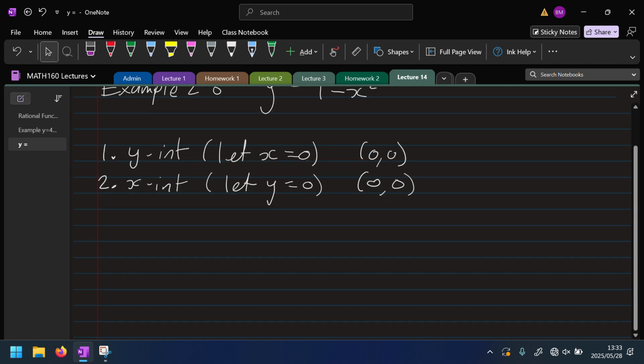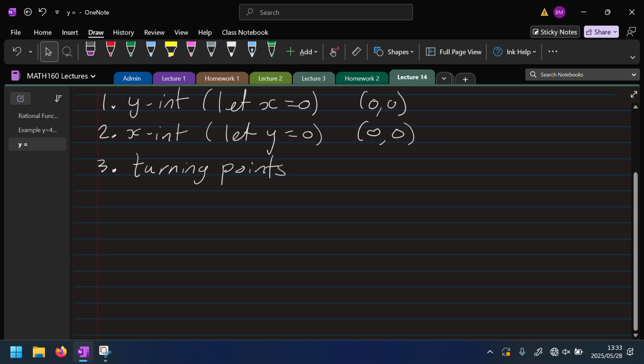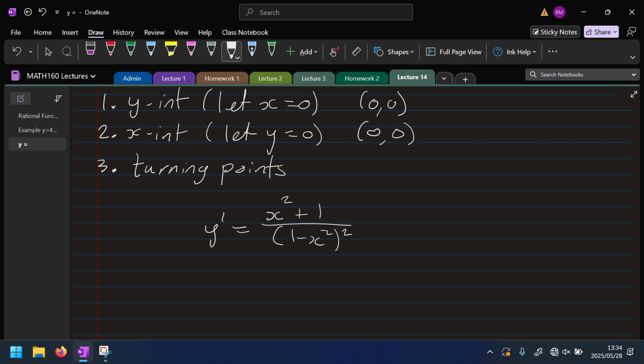We can do more. So we can look for some turning points. Okay, so we're looking for y prime, the first derivative, set it to 0, and see what we get. Okay, so y prime, you can check this. This is going to be x squared plus 1 over (1 minus x squared) squared.